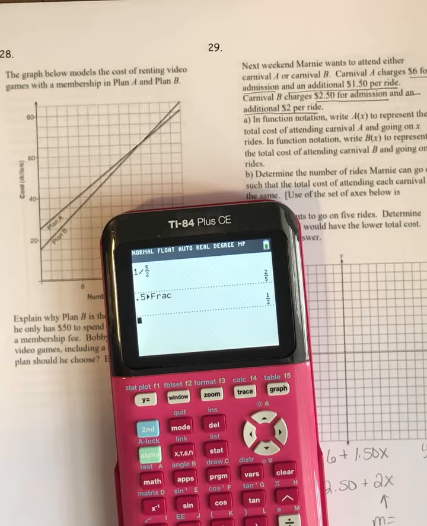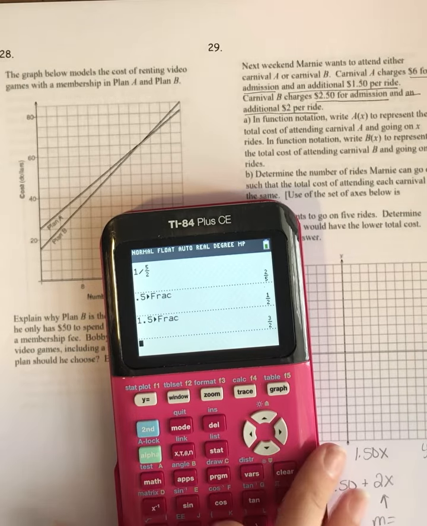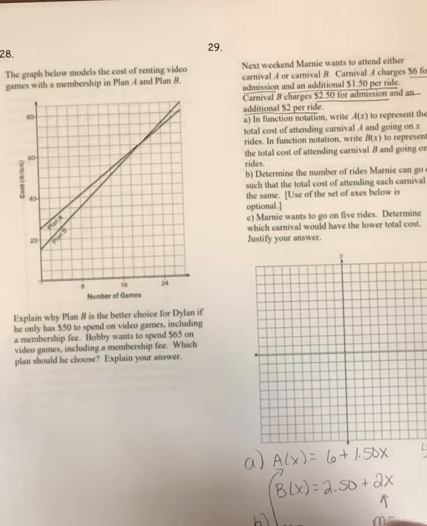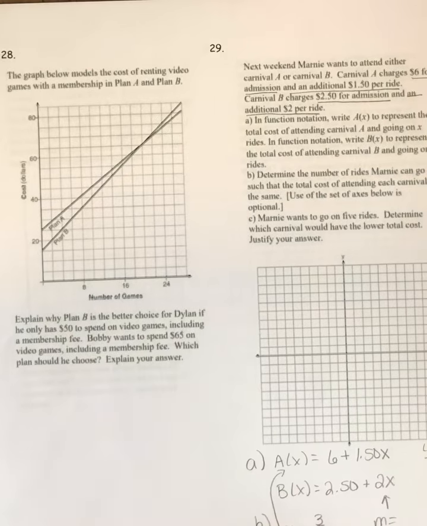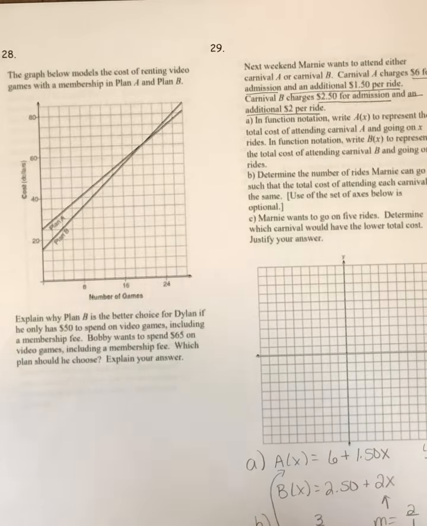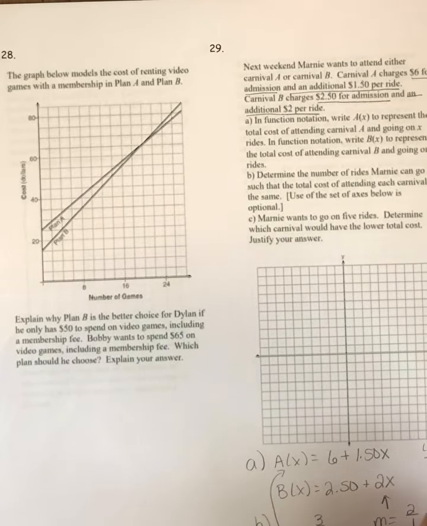And it will turn it into 3 over 2. So my m is 3 over 2 for the first one, and my b is 6. And then for the second one, my m, it's whatever's with my x, so it's 2 over 1, and then my b is 2.5.